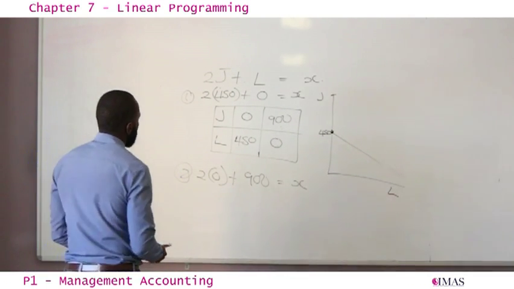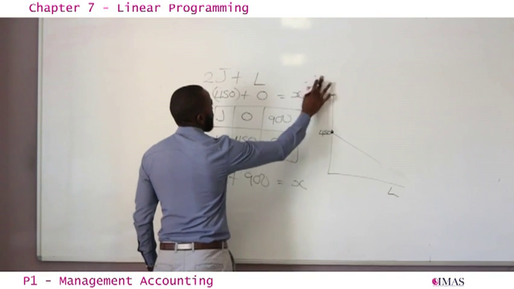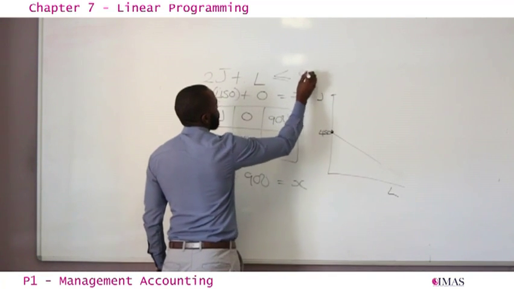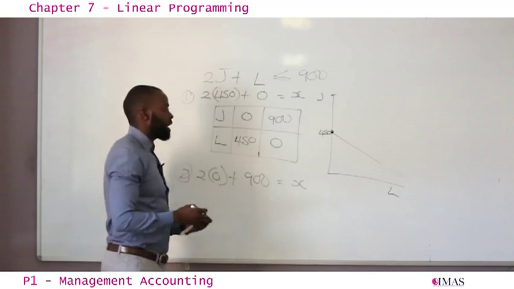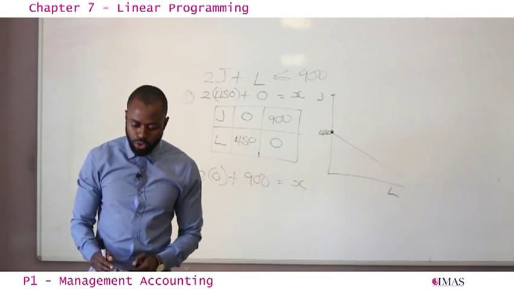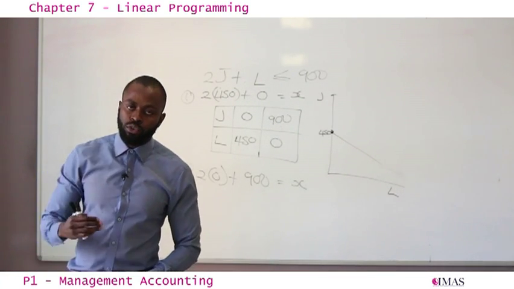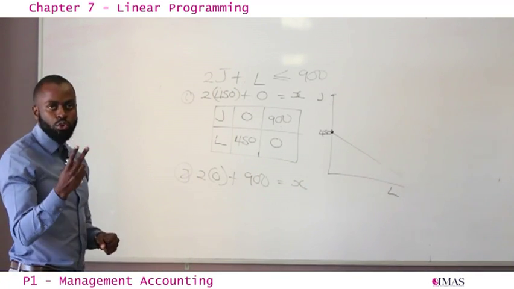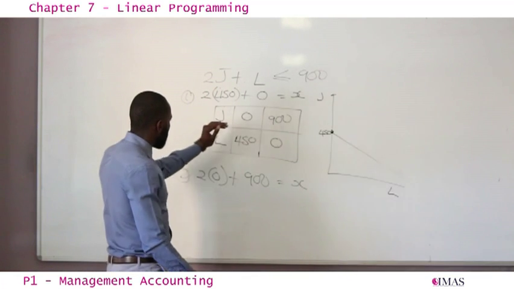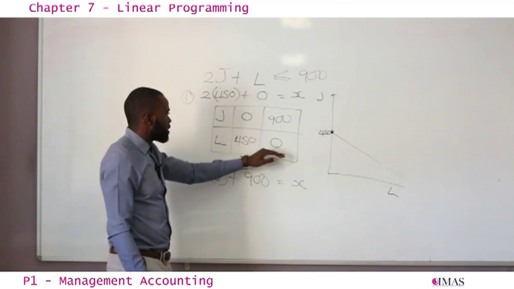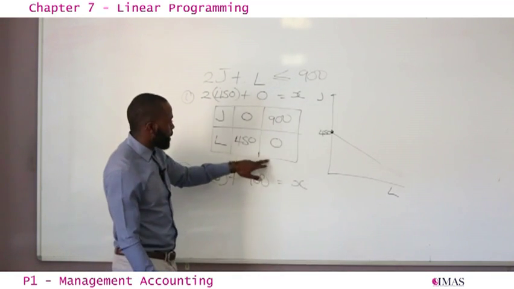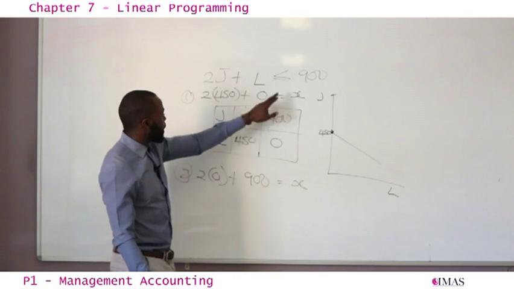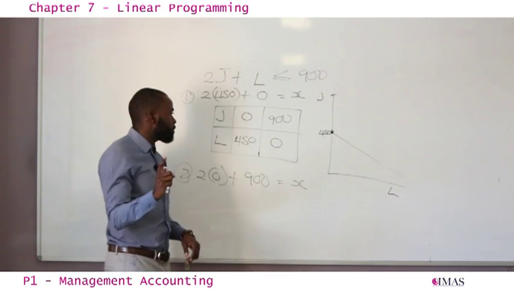Our maximum amount of material is 900. It means our inequality is 2J plus L should be less than or equal to 900. So I hope you understood this concept. Although you'll not be asked to draw the graph, we need to know how we draw it. The graph is drawn by just having 2 points. The easy part is when J is 0 and when L is 0. Then if we want to move from the graph back to the inequality, we just need one set of coordinates.